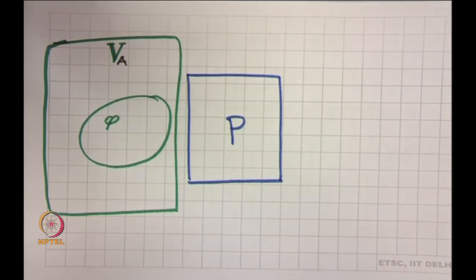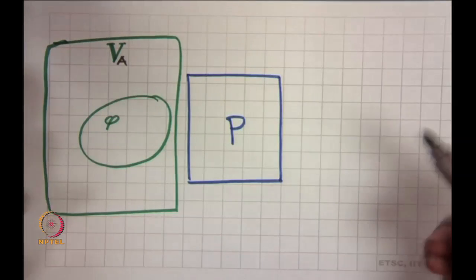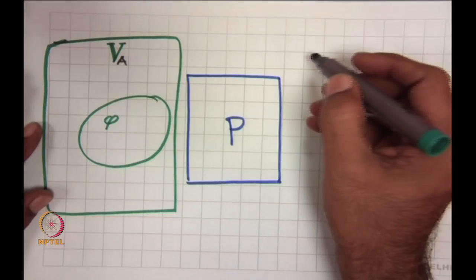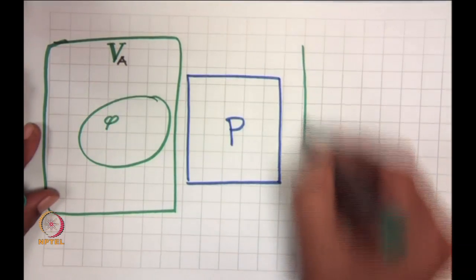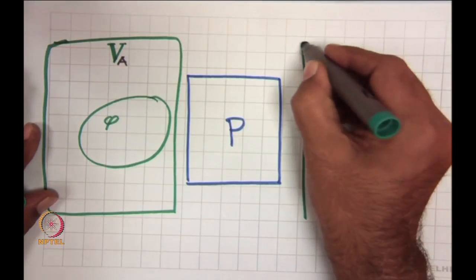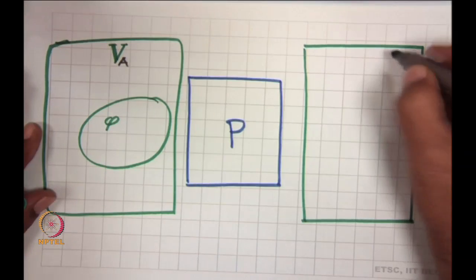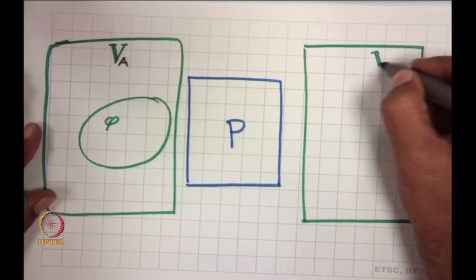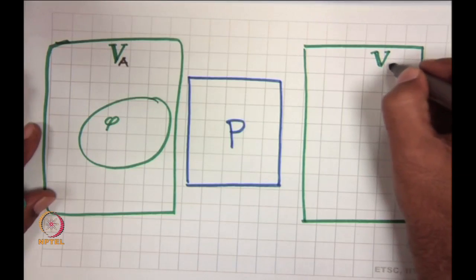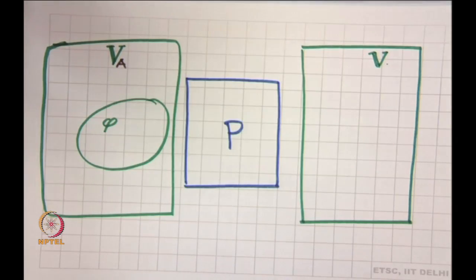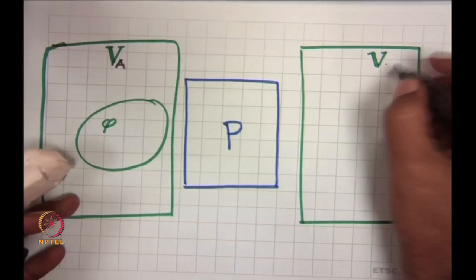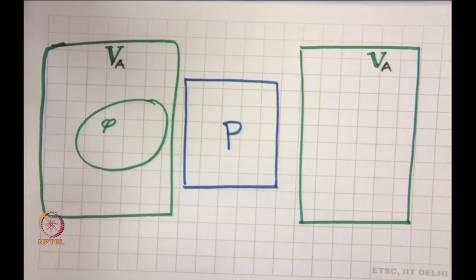Then what we are saying is what the program does is that it actually gives me a new valuation satisfying probably some slightly different property, or not slightly, satisfying a different property.